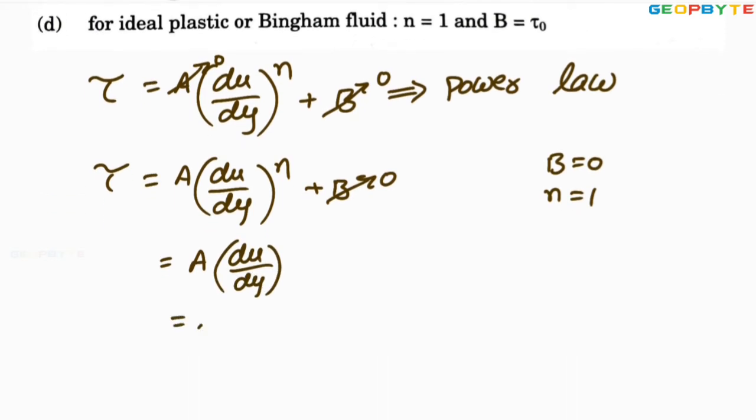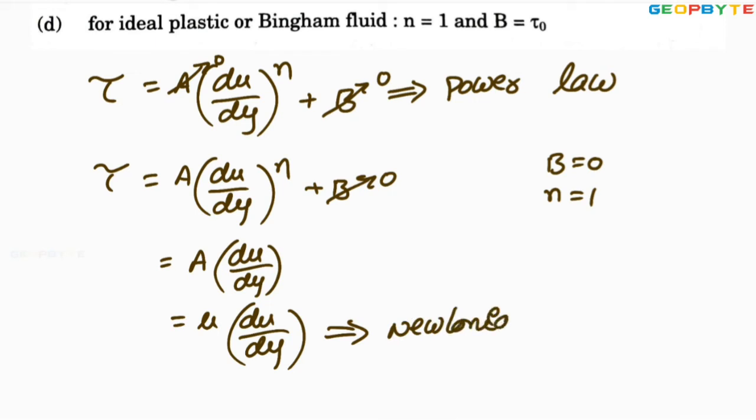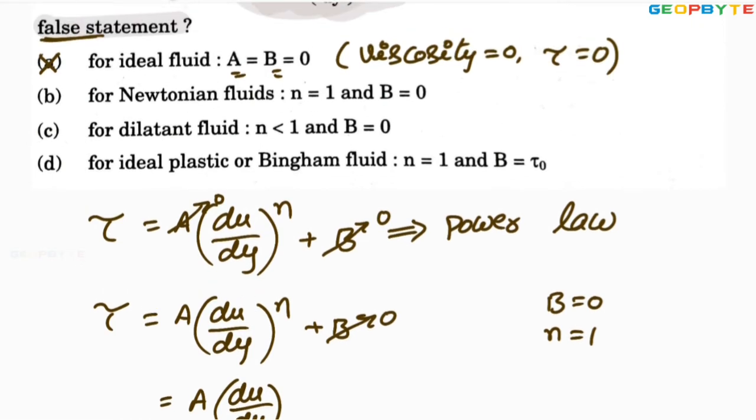I can say it is mu into du by dy. This is the Newtonian law. Therefore, the second statement is also correct, but the question asks for the incorrect statement. B is not the answer. Come to the third statement.